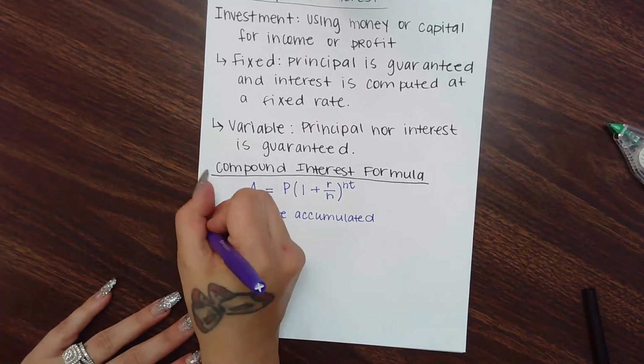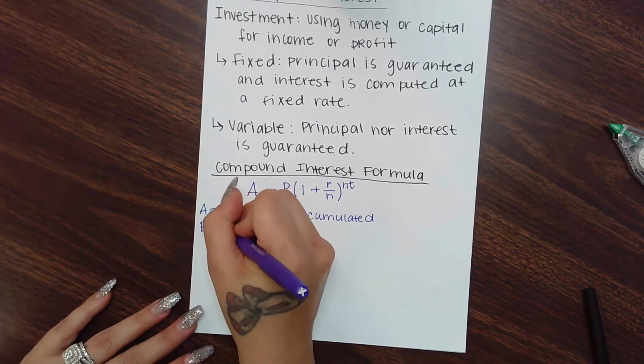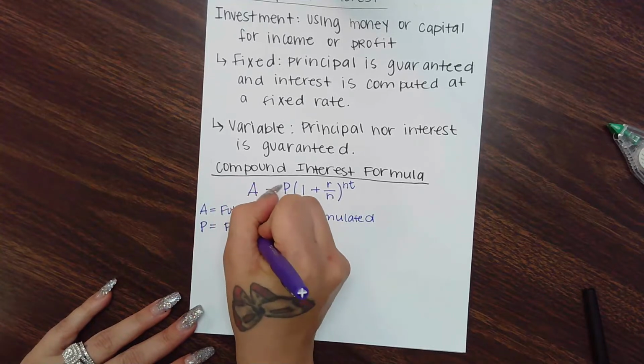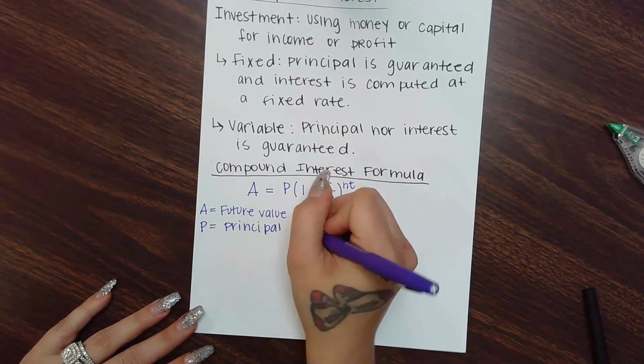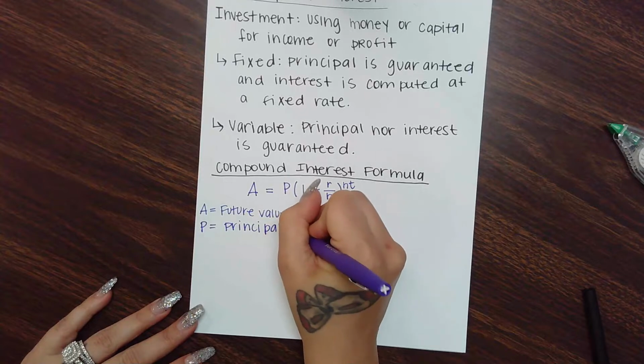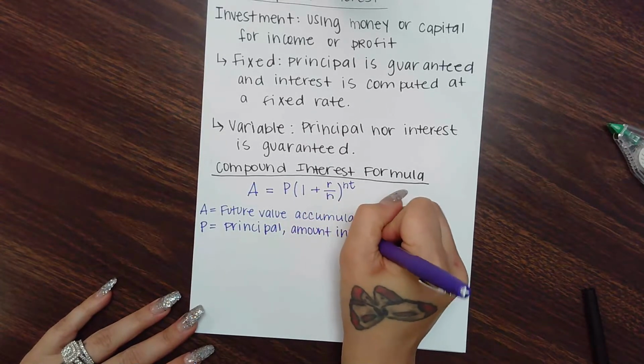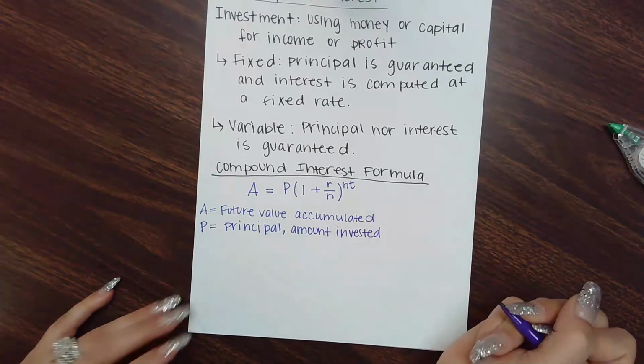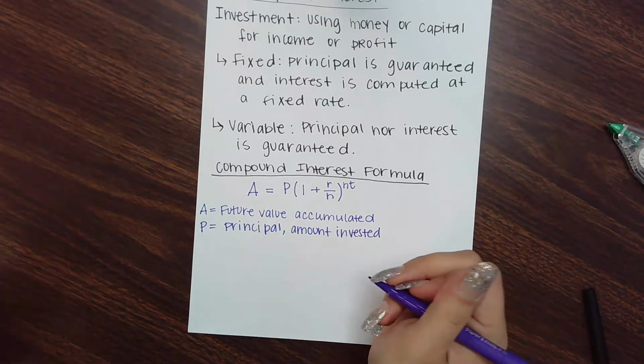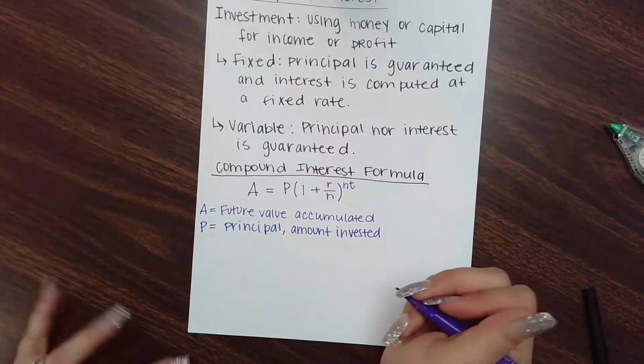And then, same as with simple interest, our P here is our principal, the amount invested. It's the initial amount, what you would start with.